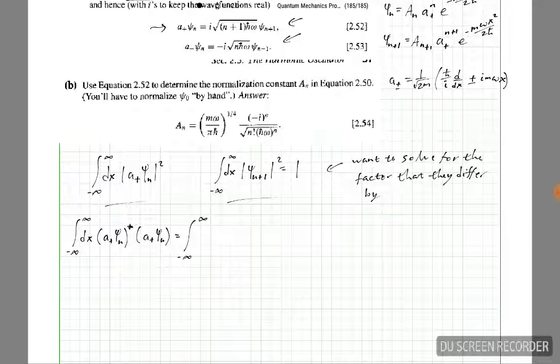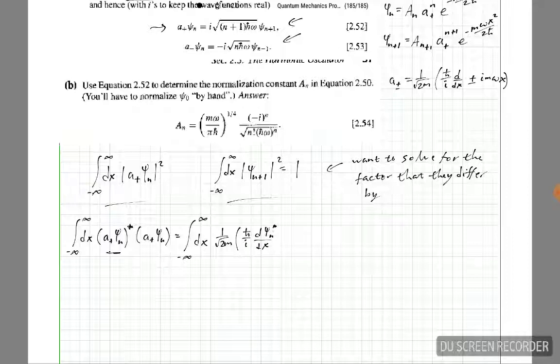Okay, so now that I have my ladder operator, I am going to go ahead and have that A plus operator act on the psi n. So now I have h bar over i acting on the complex conjugate.